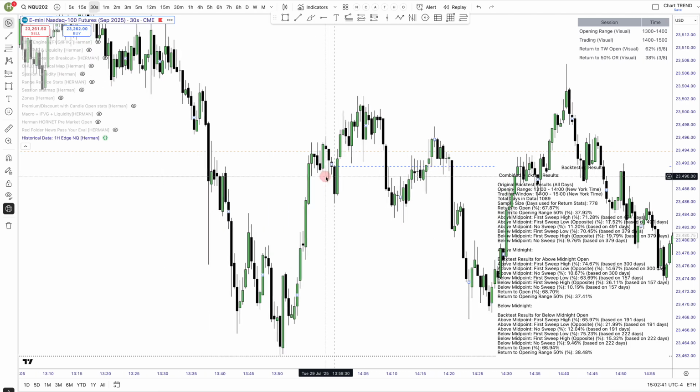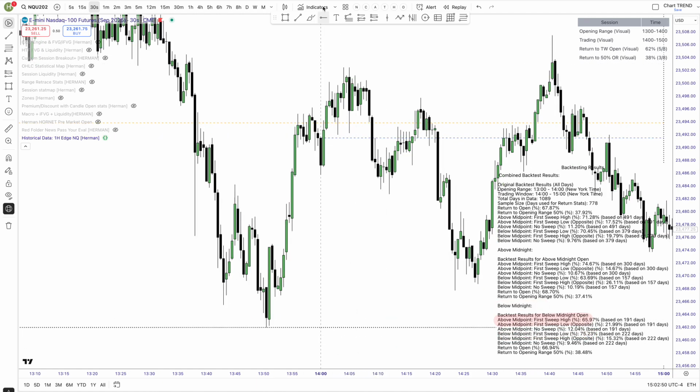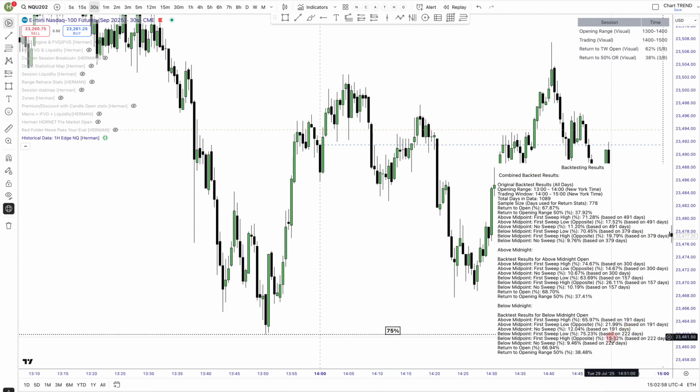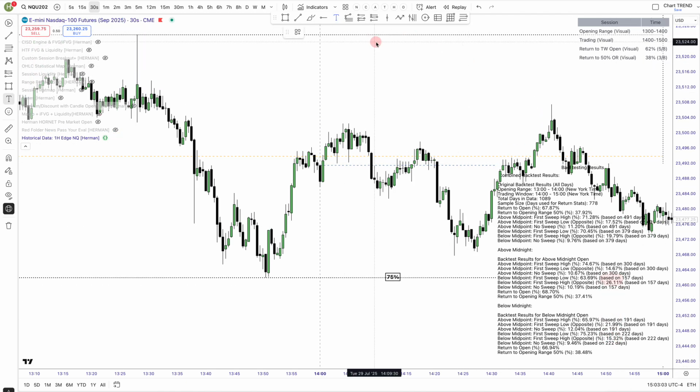So below midnight, below midpoint, we had 75% to take that low first, rather than sweep the opposite side, 15%.